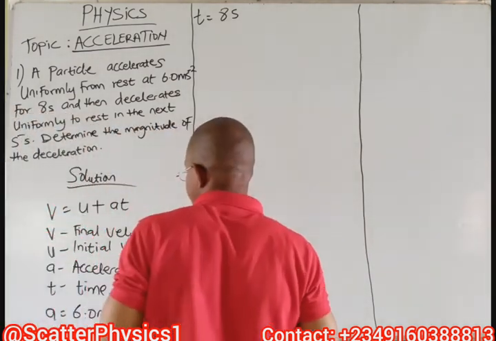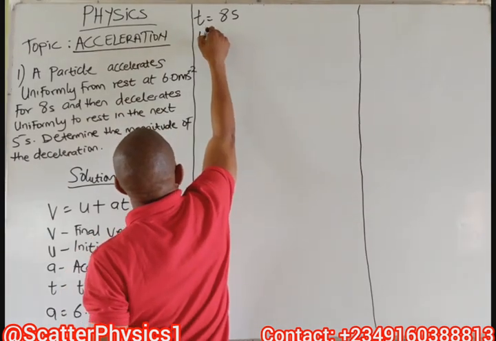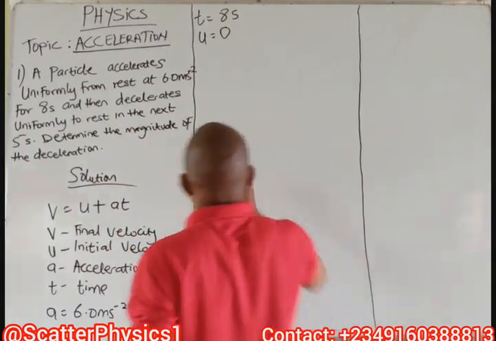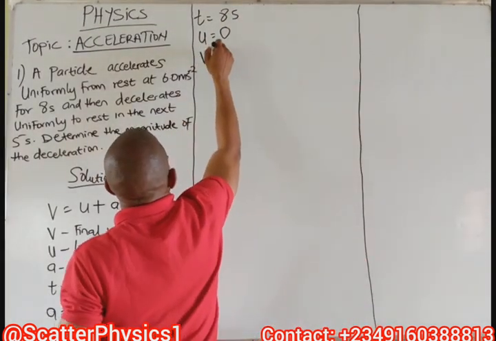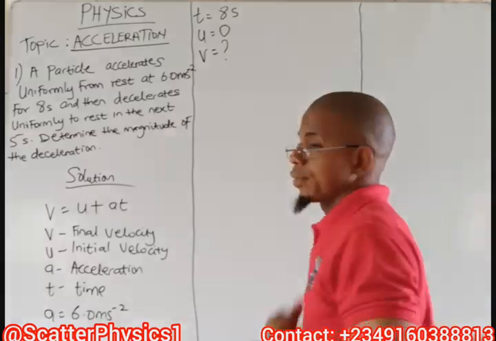So let's apply these values that we listed to this formula. Our U is 0, which is our initial velocity, and what we are looking for is V, the final velocity.